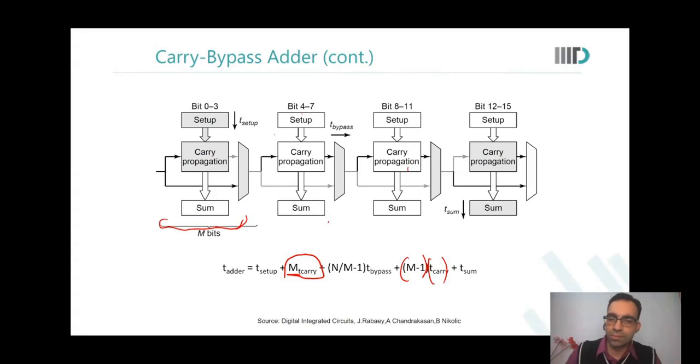But why M minus 1 into T carry, sir? That I didn't understand. Because always, if we consider one single bypass stage, the carry generation will happen parallelly for all of them. So, and then we'll bypass this particular. For the first stage, that carry generation, you have to still count. Na? एक बार तो you will have to count. Then you add the delays of various ones.